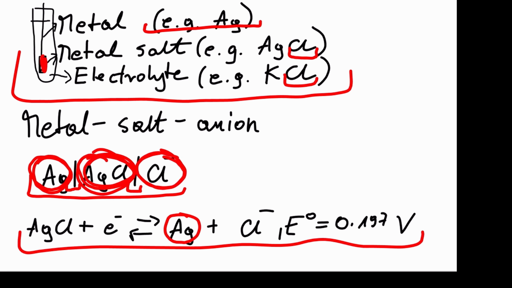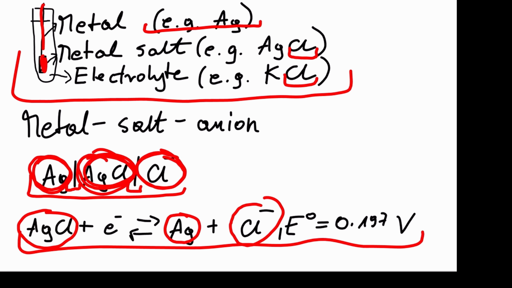So this silver gains mass. The mass of the silver is increased, and the mass of this silver chloride decreases. Of course, we also have an increase in the chloride ions in solution.